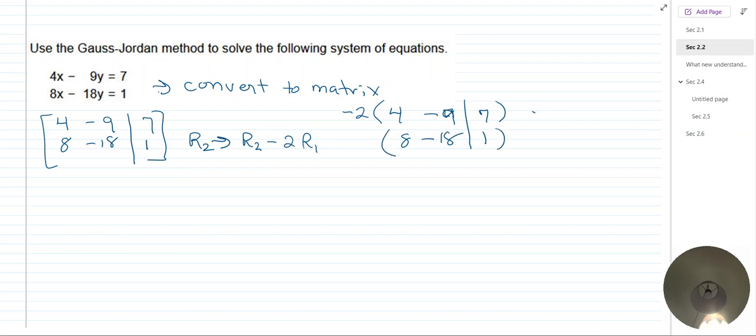All right, so that'll give me a -8, a +18, and a -14. I'm going to have an 8, a -18, and a 1. So if I add these together, this goes away. Well, unfortunately, this goes away. So I have 0 equal 0 and -13.